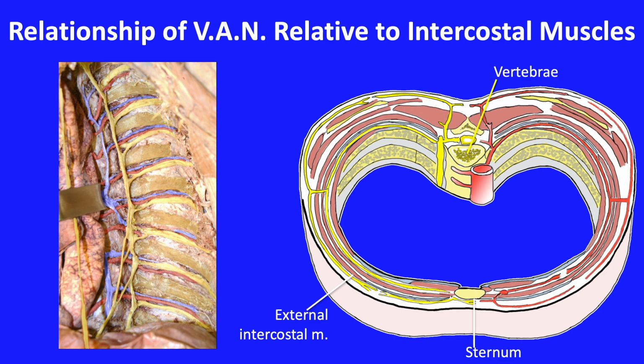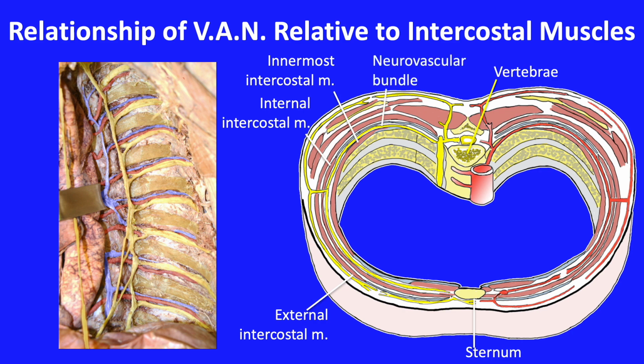The sternum and vertebrae are labeled to indicate anterior and posterior locations, respectively, as well as the external intercostal muscles. The intercostal nerve, artery, and vein run in between the innermost intercostal and the internal intercostal muscles. The space between these muscles allows for the neurovascular bundle to run here.